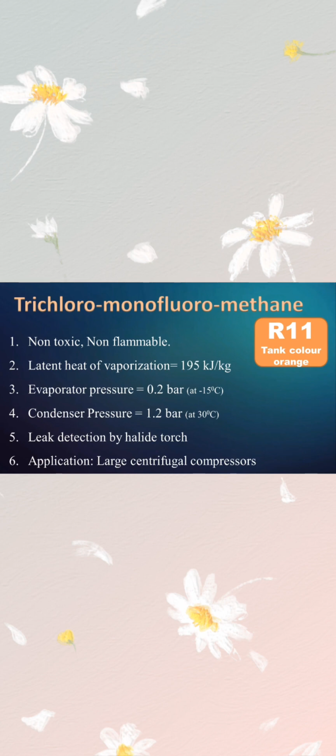The evaporation pressure is 0.2 bar at minus 15 degrees Celsius, whereas condenser pressure is 1.2 bar at 30 degrees Celsius. Latent heat of vaporization of R11 is 195 kJ per kg. Leak detection of R11 is done by using a halide torch. It is used for flushing of systems. We find applications of R11 in large centrifugal compressors.